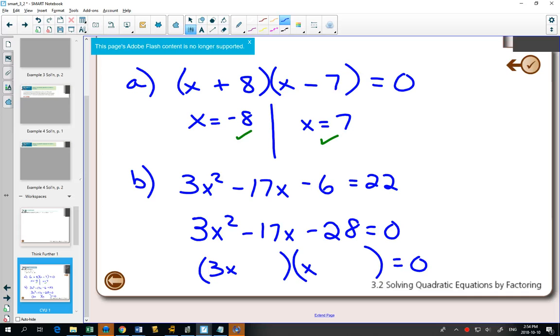Seven and 4? Where you want to put the 7? 7 so it's on the inside or 7 so it's on the outside? 7 on the outside? That makes my outside 21, my inside 4. Does 21 and 4 ever make 17? Yes. We would need, to get negative 17, we would need negative 21 plus 4. And now it's equal to 0.